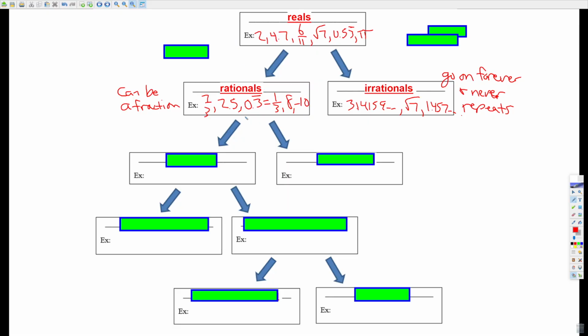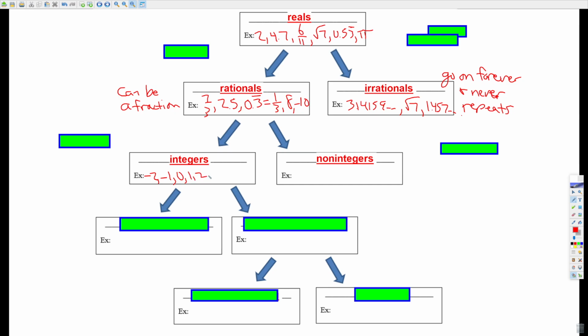Then from there, we're going to break down the rationals into integers and non-integers. So integers, you can kind of think of them as your whole numbers and the negatives. So it's the -2, -1, 0, 1, 2, 3.